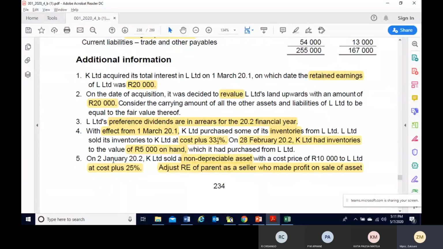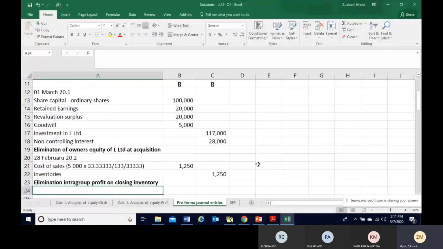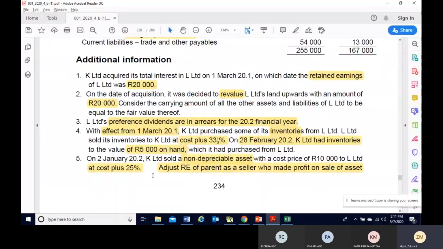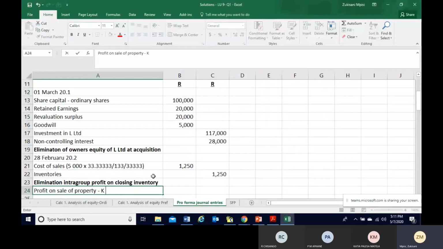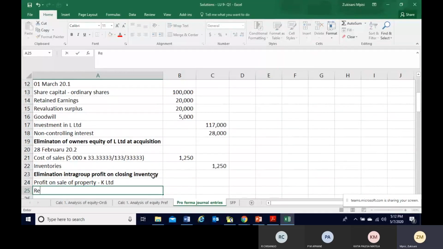Then we look at the next information, about a non-depreciable asset, where we are taking out profit on sale of property. This is a non-depreciable asset. The profit was recognized, please note, by KLTD, who is the seller. And then we also decrease the property by 2,500.